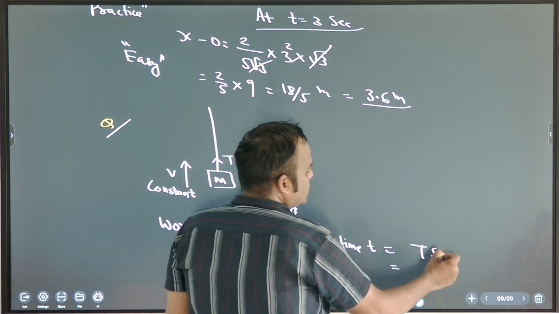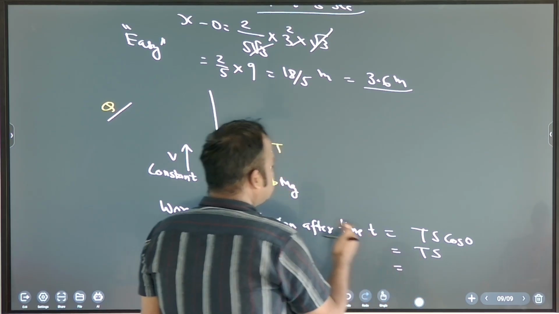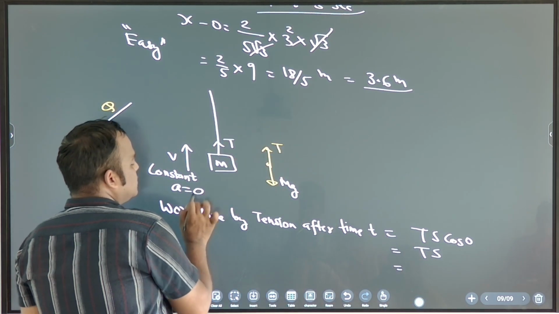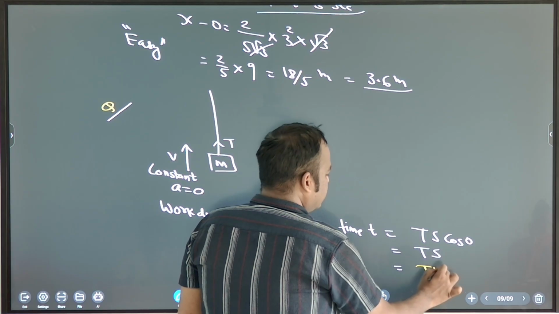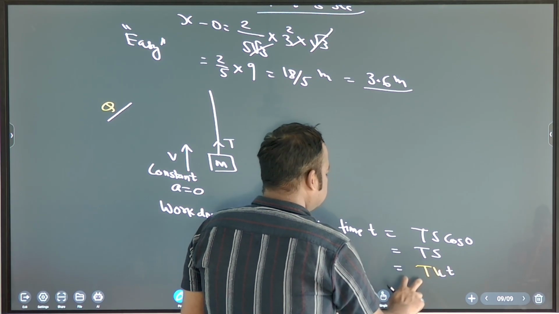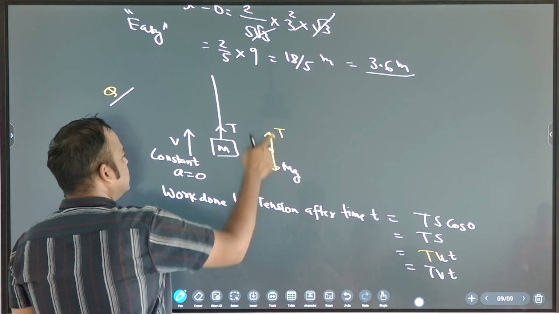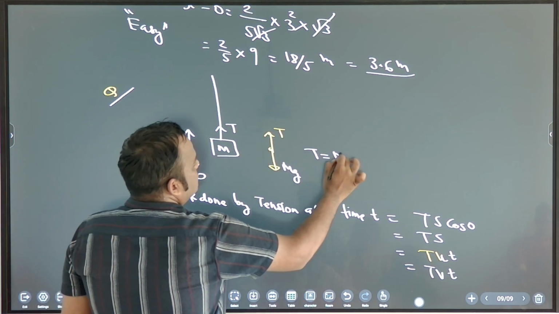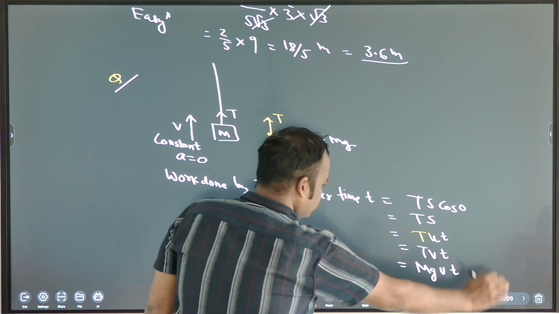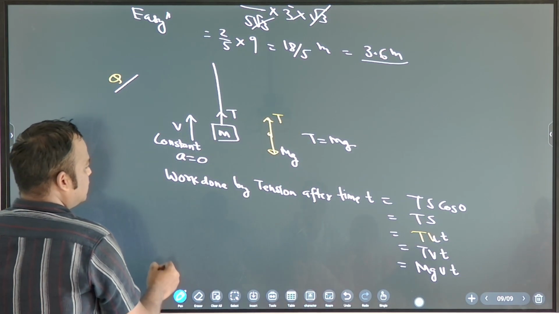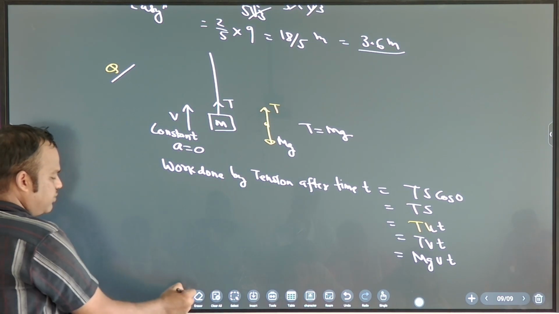So Ts cos theta. What is S? Acceleration is 0, so S is ut plus half a t square, which is vt. So T v t, and T is mg. So the work done by tension after t seconds is mgvt. Very good.